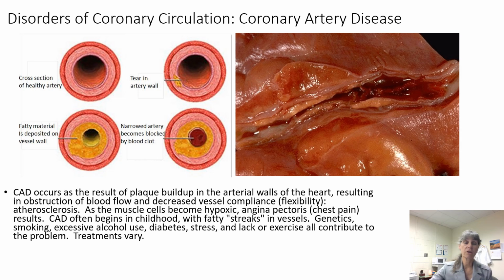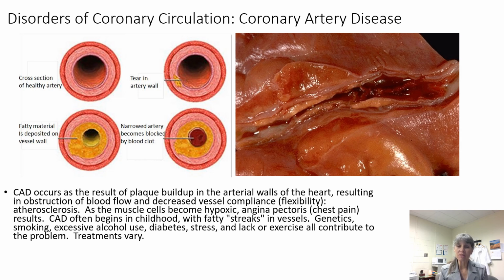When we look at coronary artery disease, it usually is a result of a buildup of plaque in the arterial walls that are found within the heart, and that impedes the flow of blood and also decreases the flexibility of blood vessels. It's also sometimes referred to as atherosclerosis.